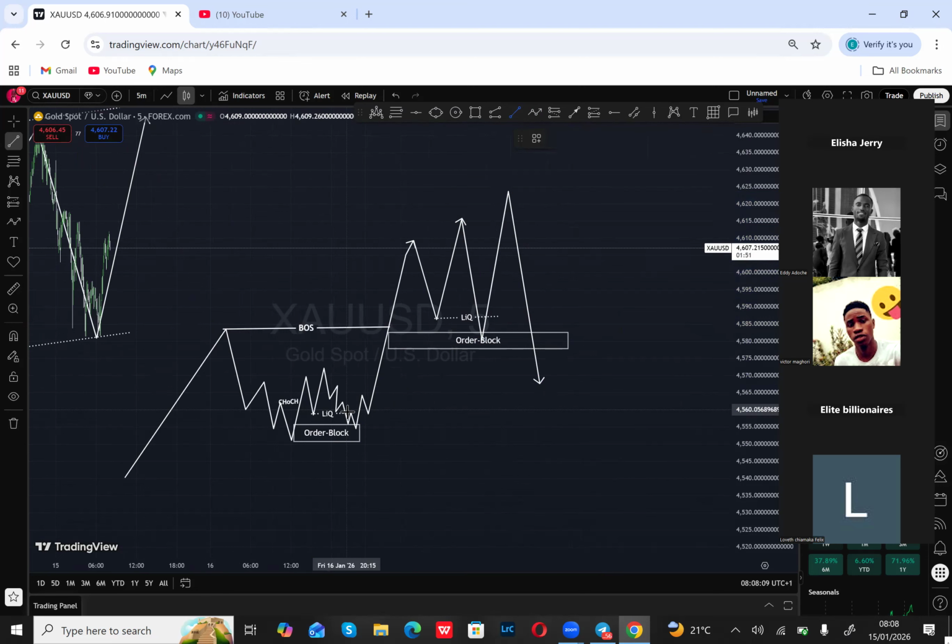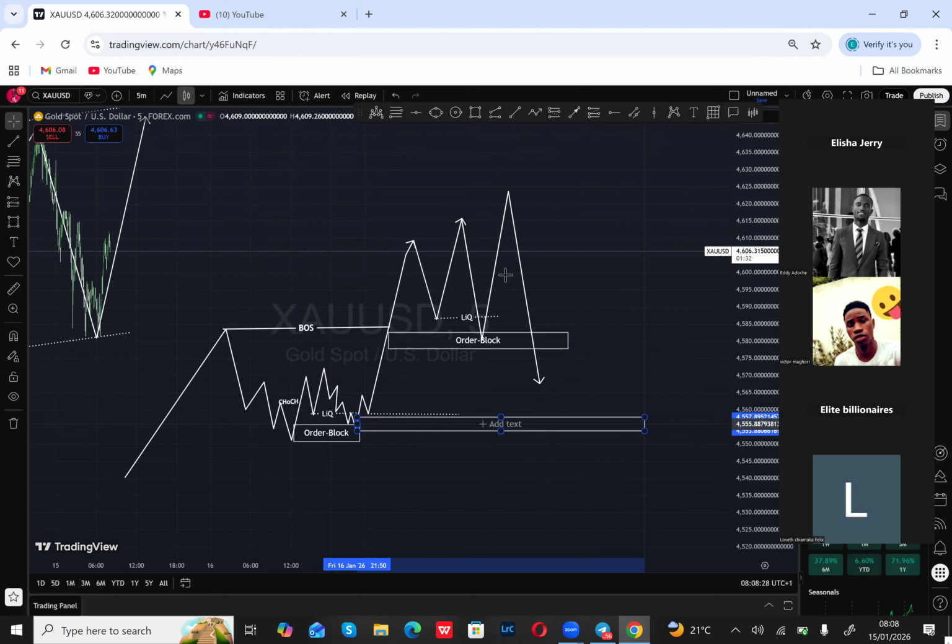Now, price in coming into this area trended to the downside, gave another change of character, another liquidity here, and then obviously a point of interest. The moment price takes out this, you should know where price is going. So all of this build up is what we refer to as storyline.